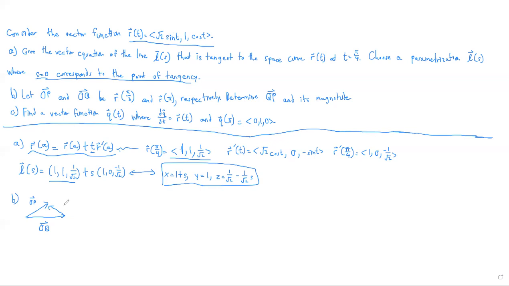This is QP. It starts at Q and ends at P. This point is O. This point is Q. You start at Q and you end at point P here.